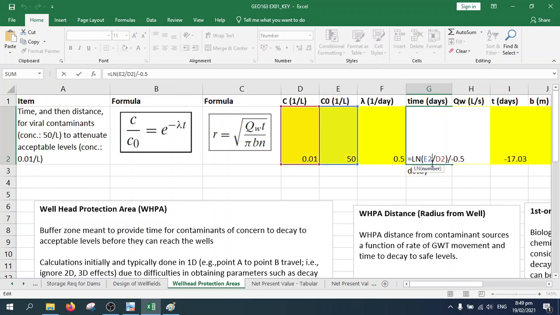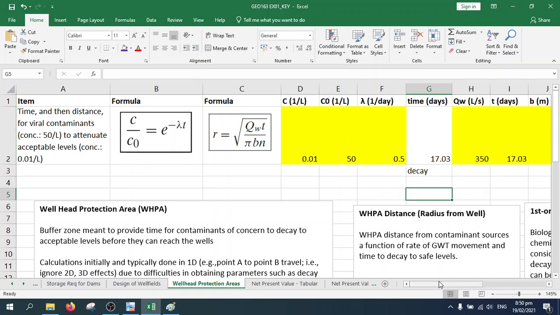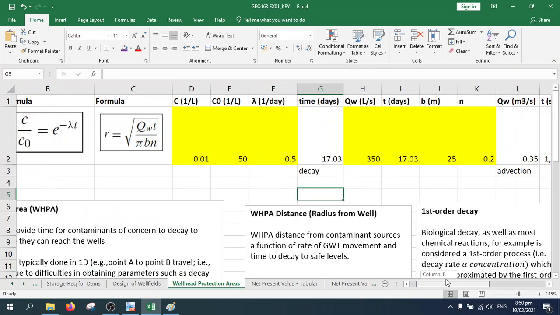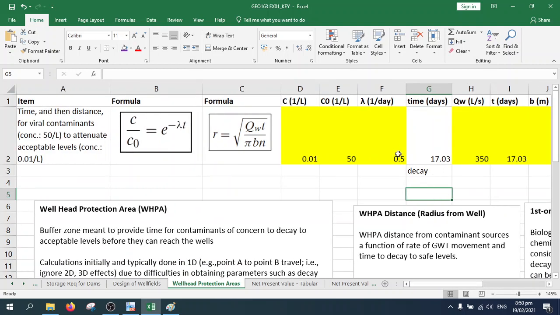I had the same answer but the wrong solution, so I corrected that. C is our final concentration, C naught is our initial concentration, and lambda is our decay constant, which is 0.5 per day as per the Yates 1987 study.